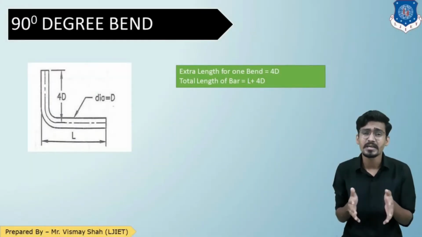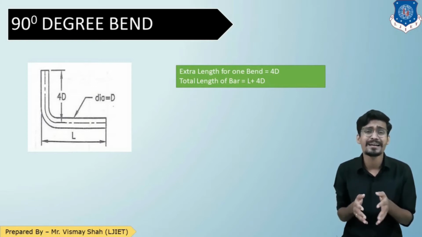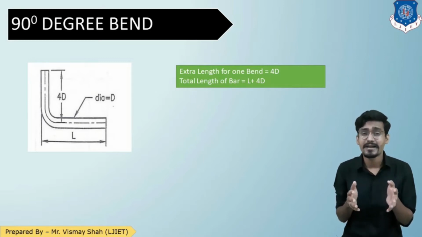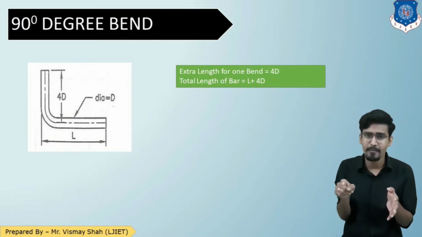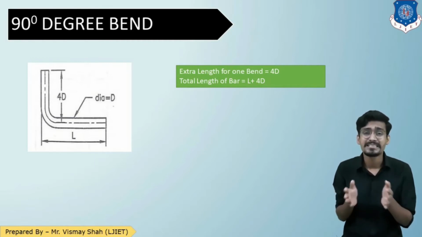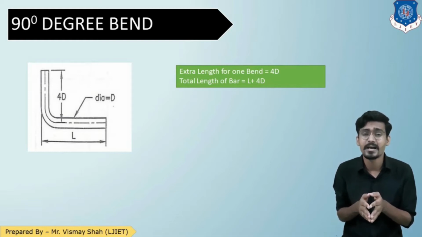Students, think what if there is a 90-degree bend in our reinforcement bar? See this figure. If there is a 90-degree bend or L-shaped bend in our reinforcement bar, we need to calculate the extra length of that bend. Theoretically, it is considered as extra 4D.